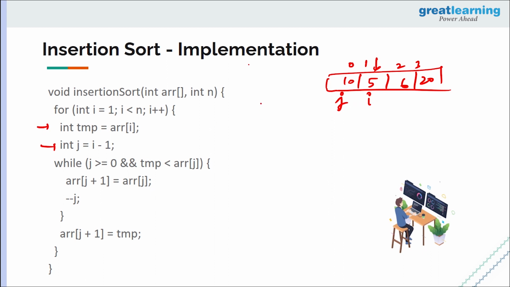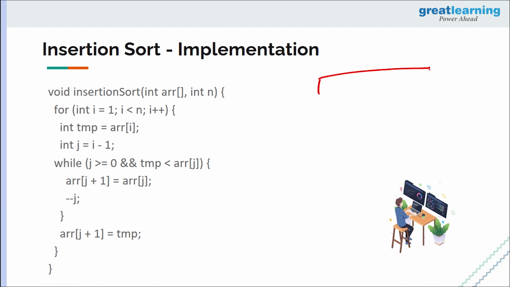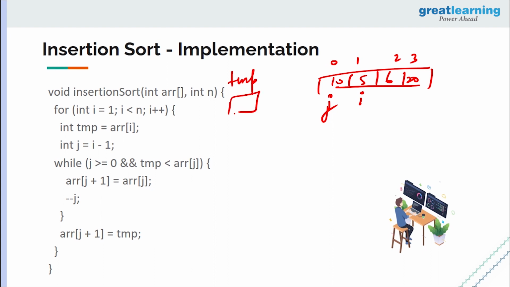We also have a temporary variable which I will tell you, that is tmp. Okay, so we have 10, 5, 6, and 20. This is our j, this is our i, these are our indexes, and this is our tmp temporary variable, which is right now 5.